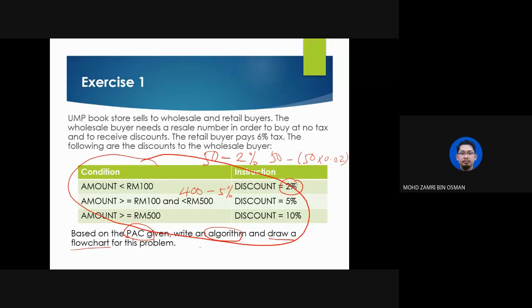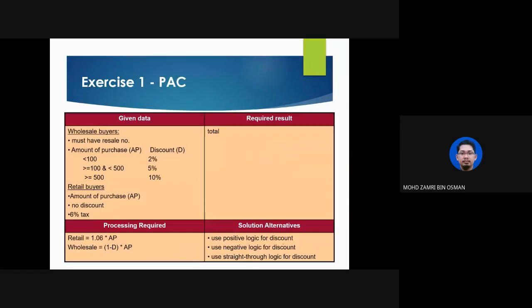So one, you need to have a PAC; two, you need to have the algorithm; and three, you have the flowchart.